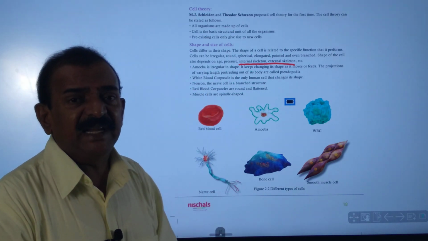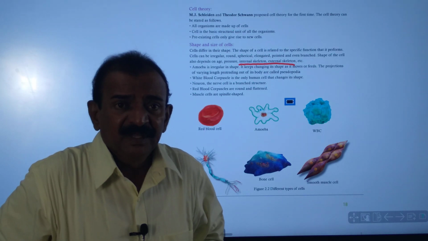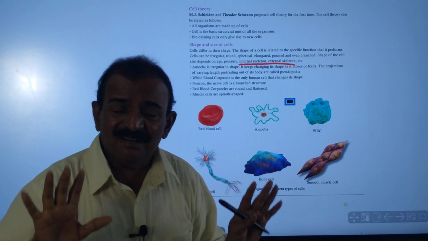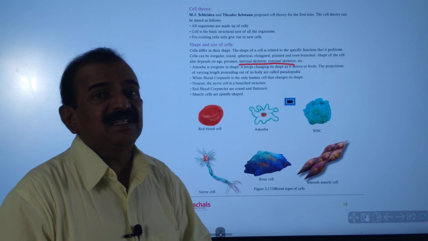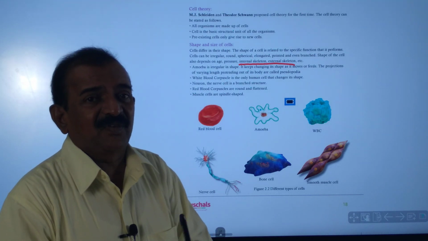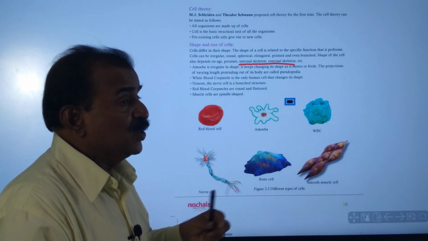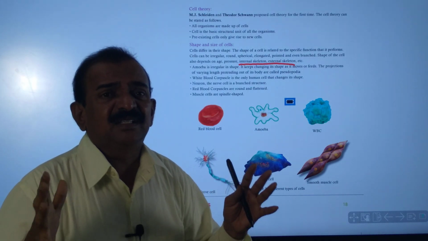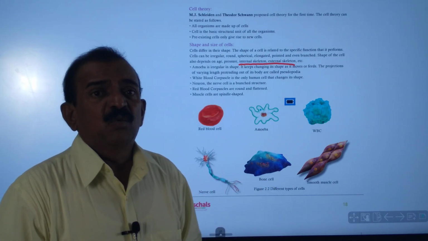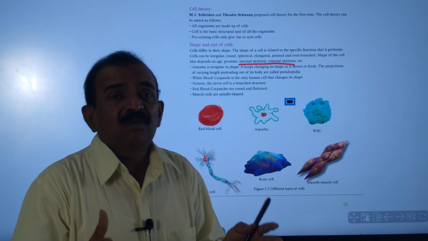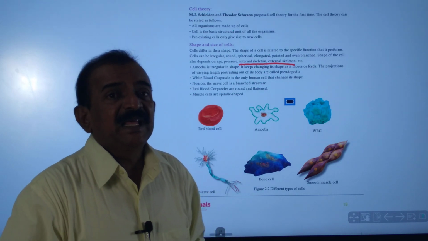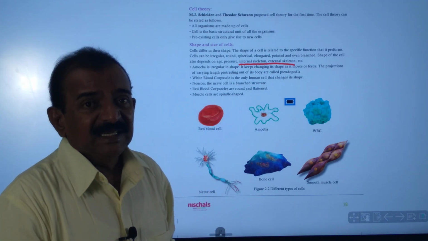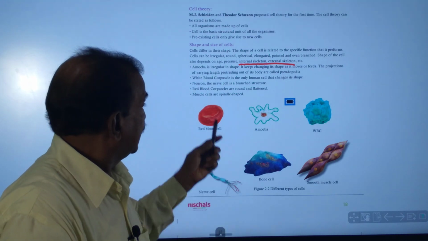White blood cells are present in our blood, and they also have an irregular shape and change their shape from time to time. Neurons, as I told you, are nerve cells, and more than 100 billion neurons are present in the body. These neurons are long and branched cells.